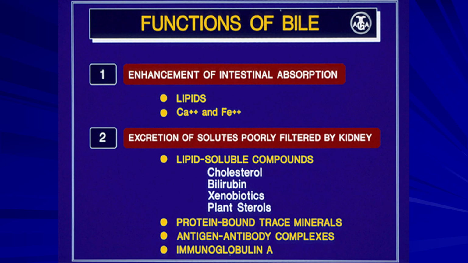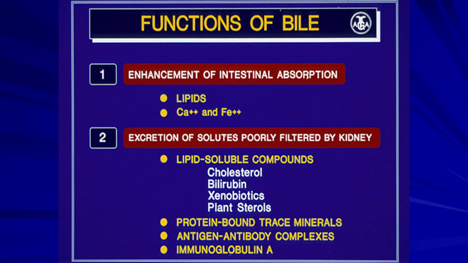And also, bile serves to excrete solutes that are poorly filtered by the kidney because they are not water soluble. So these include cholesterol itself, bilirubin, and whatever your body ingests that can be toxic and that cannot be filtered by the kidney.